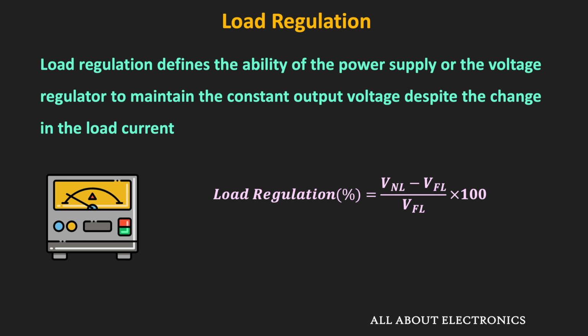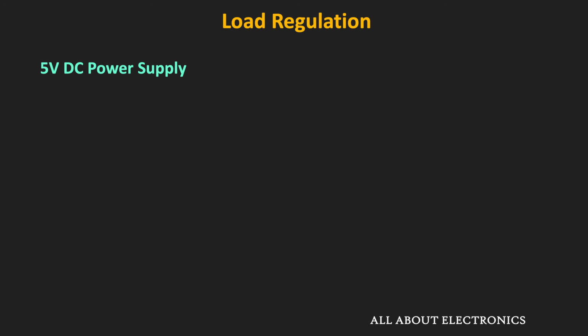So let us understand that by taking one example. Let's say we have a 5 volt 2 ampere power supply. For this power supply, let's say the no load voltage is equal to 5 volt, and similarly the full load voltage is equal to 4.95 volt. That means whenever the current to the power supply is maximum, at that time this full load voltage is equal to 4.95 volt.